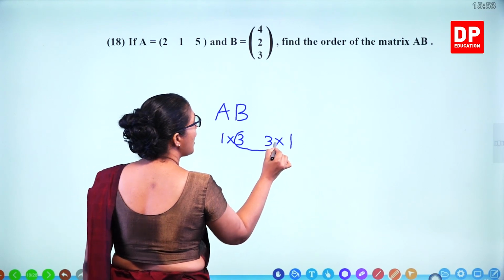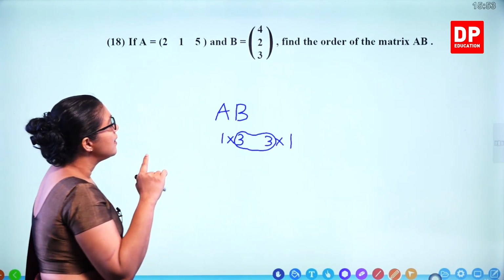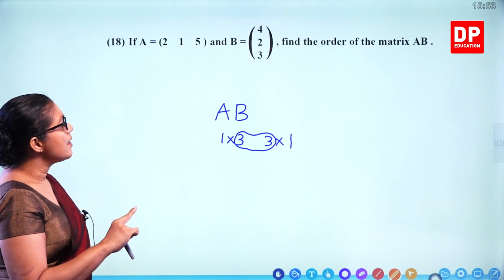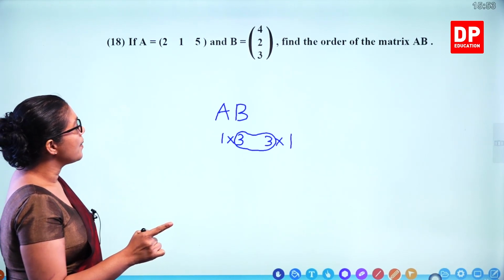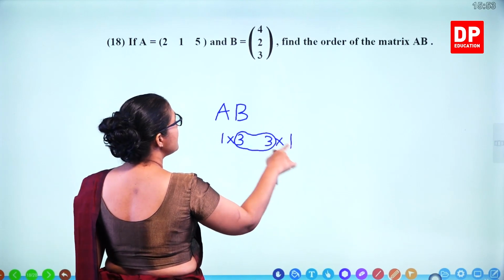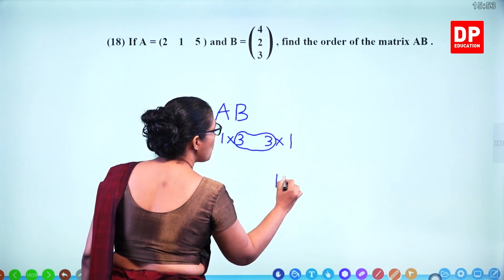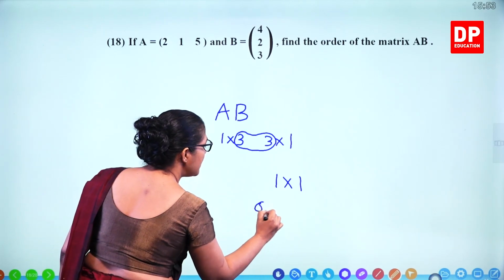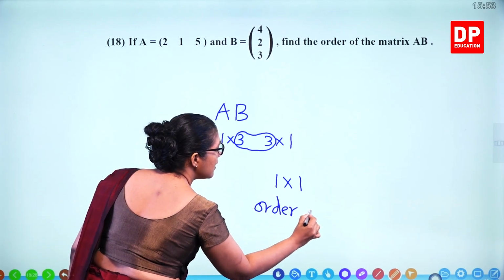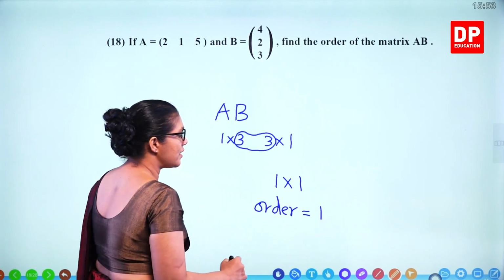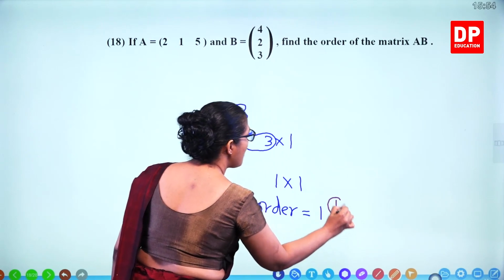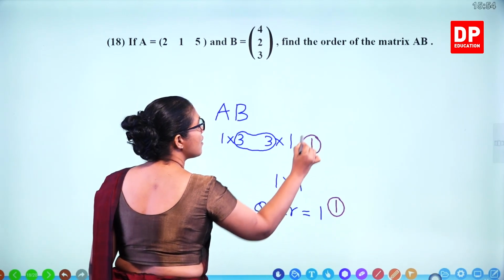So here you can multiply because the columns of the first one is the same as the number of rows in the second one. So what's the resulting matrix? AB is 1 by 1. So that's the order. Order is 1 by 1. So you get 1 mark here, 1 mark for the method.